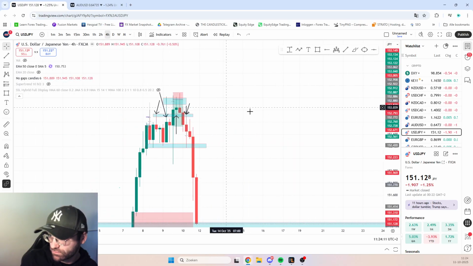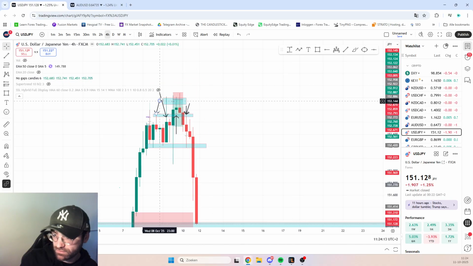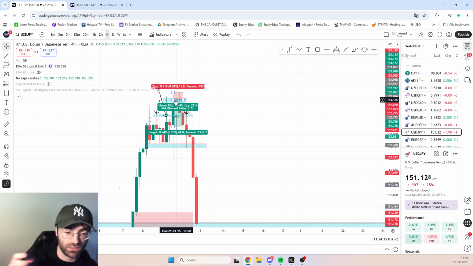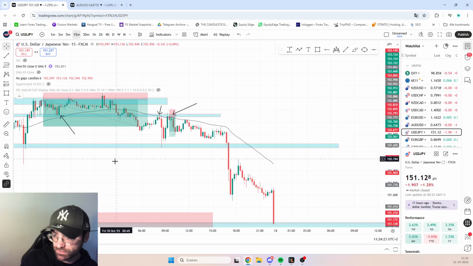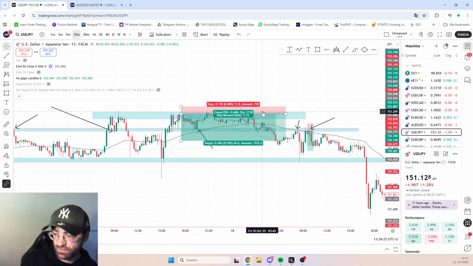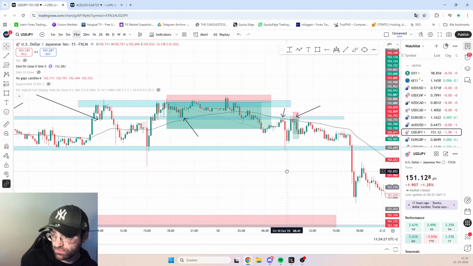On the bigger time frames you can see the reaction a little bit clearer sometimes. Here you can see how many touches it had before actually moving down really, really hard.